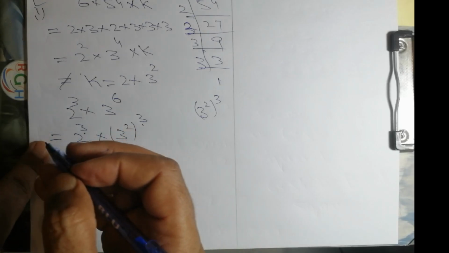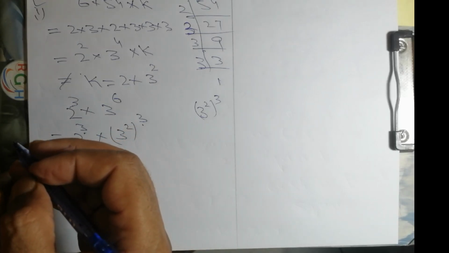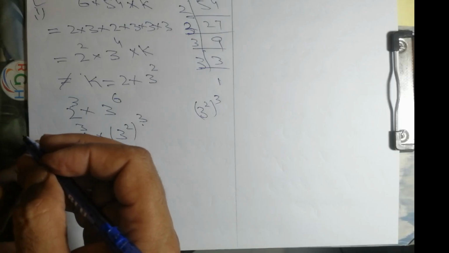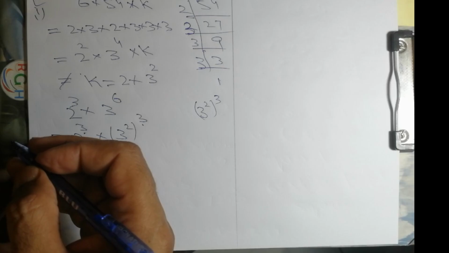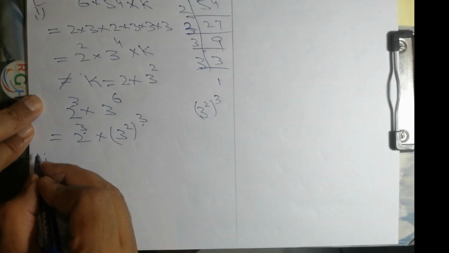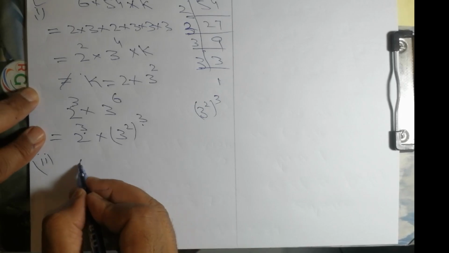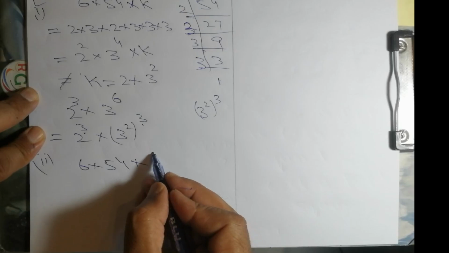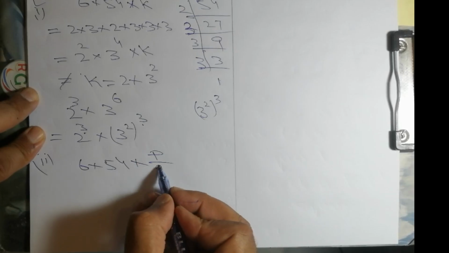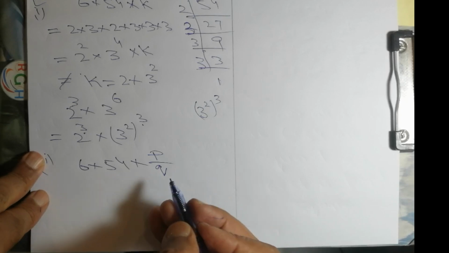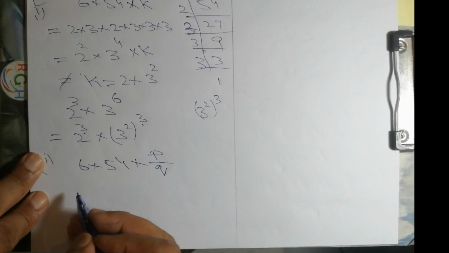Part B: p and q are both prime numbers. Find the values of p and q so that 6 into 54 into p over q is a perfect cube. So what should be the values of p and q?